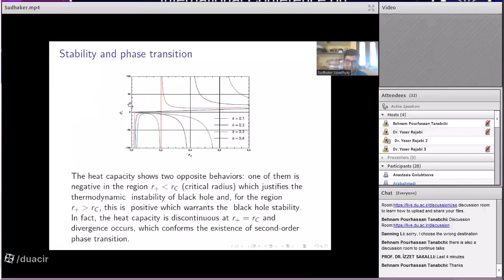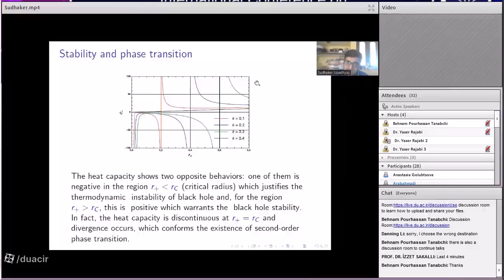So here what you see is that this heat capacity takes both negative and positive values, and there is a point where it becomes infinite. One can see that in this negative region the black holes are unstable, and in this region they are stable. So a phase transition occurs.